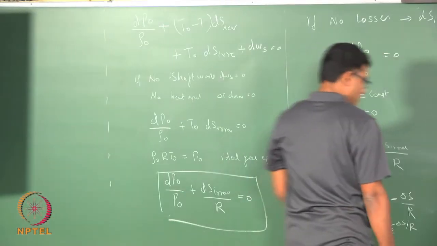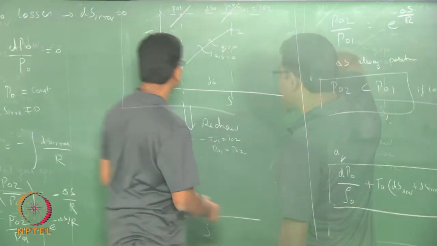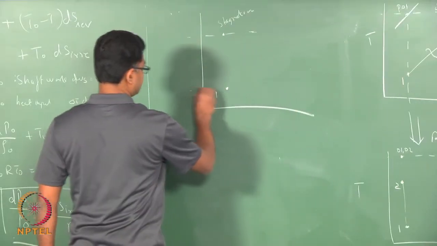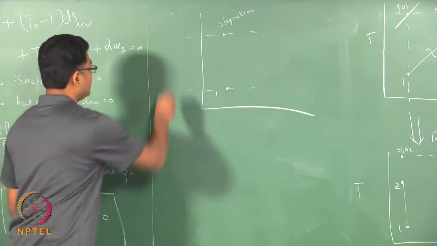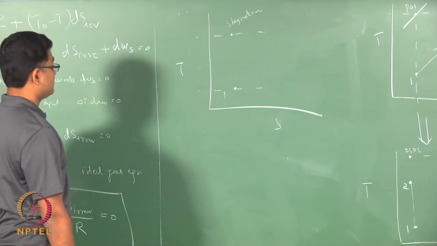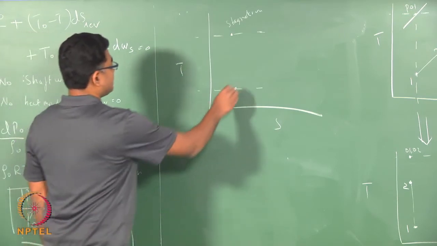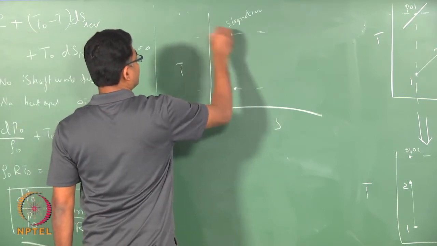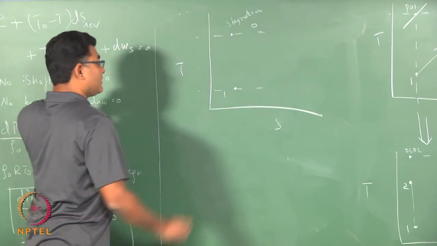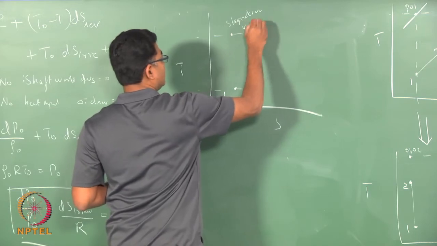So, I repeat what we had learnt today. I have a state 1 which I bring to a state with 0 velocity, where V is 0.